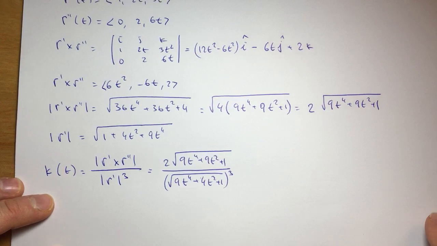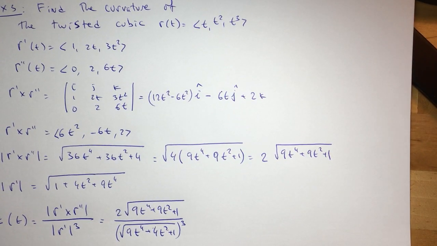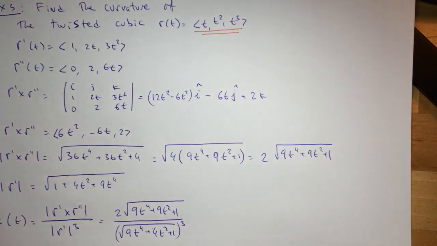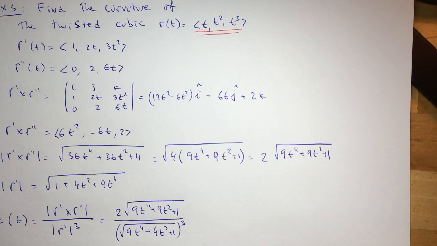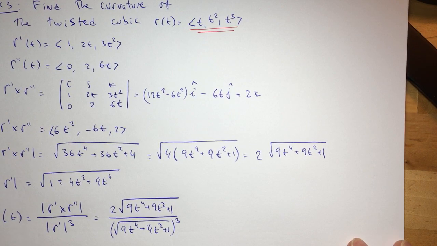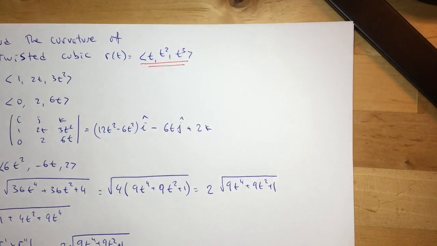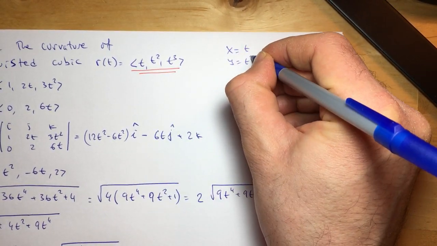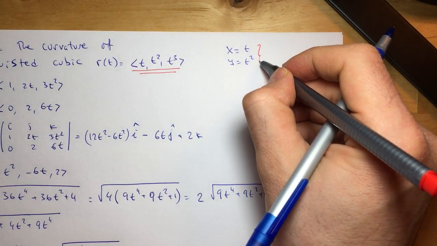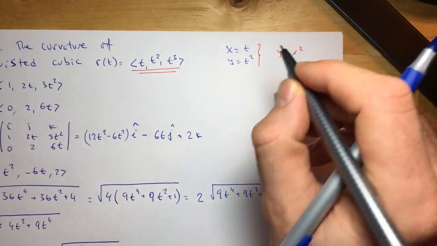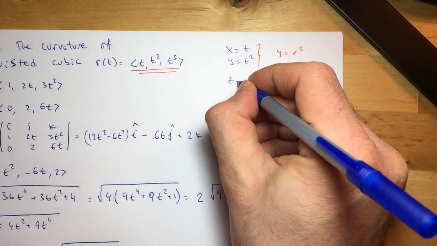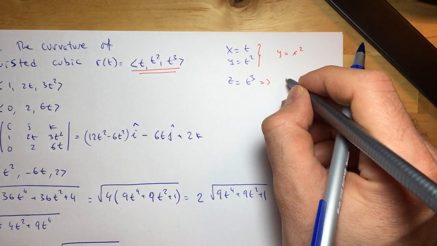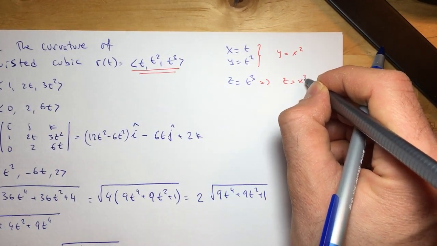And I invite you to go online and try to find some interesting plots of this twisted cubic. Basically, if you think about it, the components are x is equal to t, y is equal to t squared. From here, y is equal to x squared, and z is equal to t cubed, which implies that z is equal to x cubed.